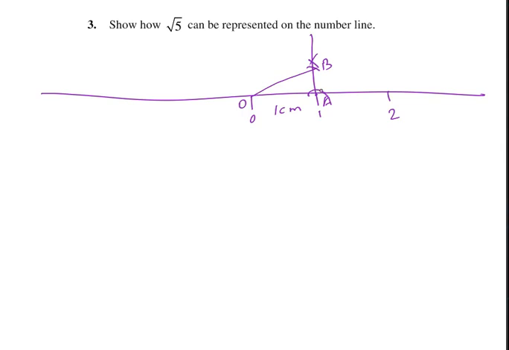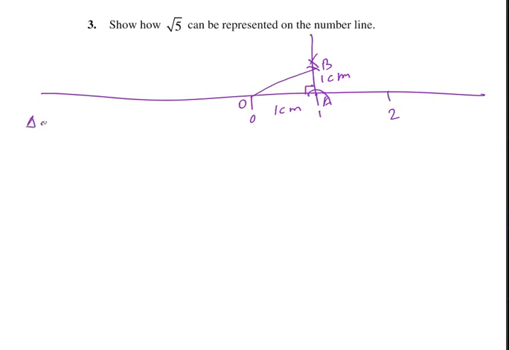So this is 1 centimeter, this also 1 centimeter. The sum of the squares of the other two sides equals the hypotenuse square, because we can use the Pythagoras property here.